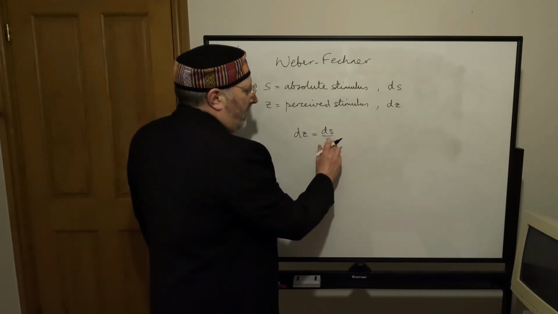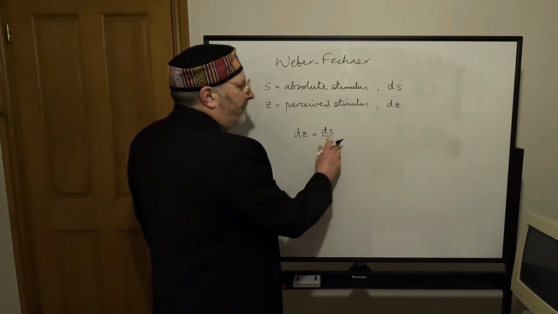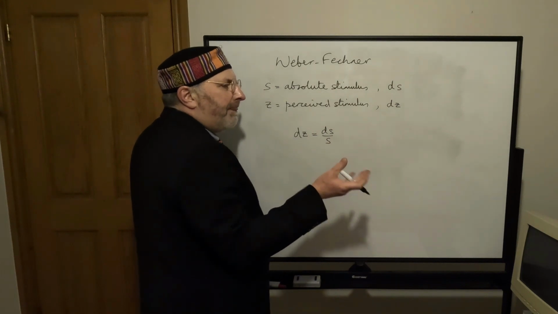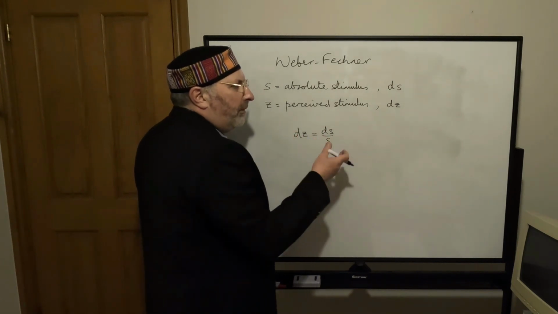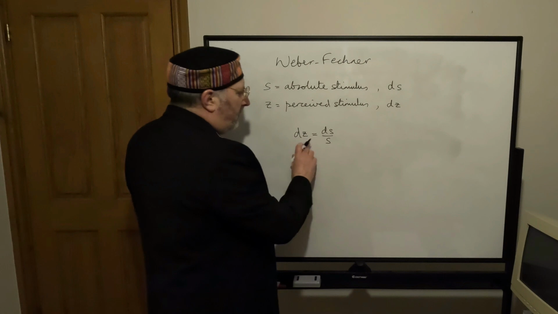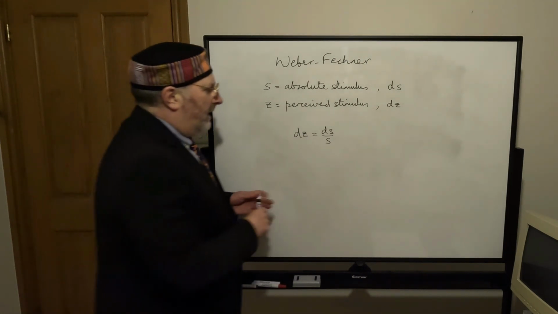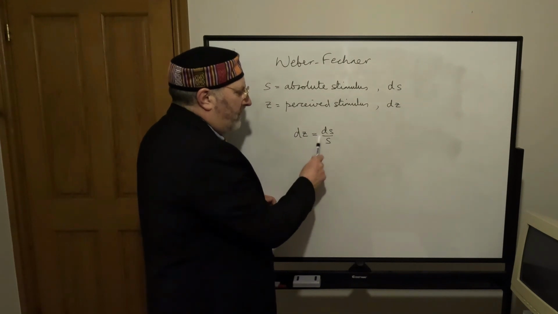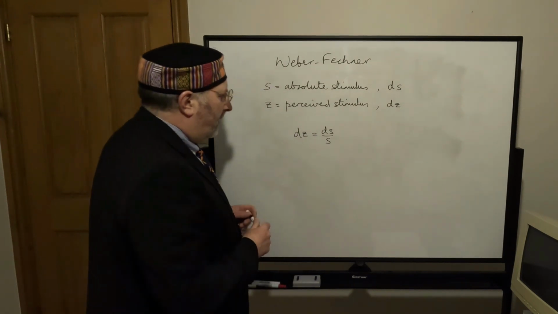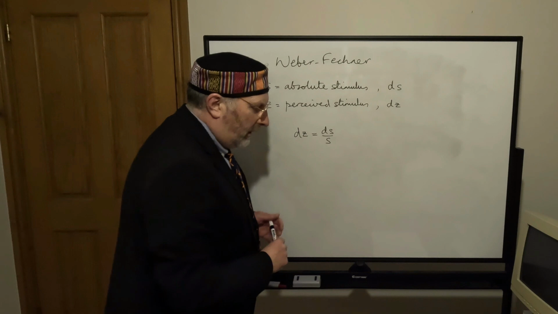But if there are 1,000 candles there, ds over S is 0.1% or 0.001. So dz will be a lot smaller. The change in perception is dependent on the stimulus that's already there, and the larger S, the smaller the change in perception.